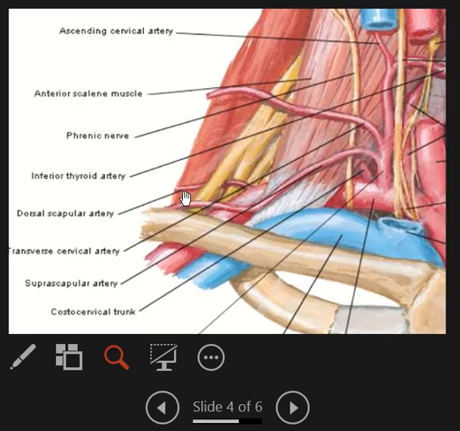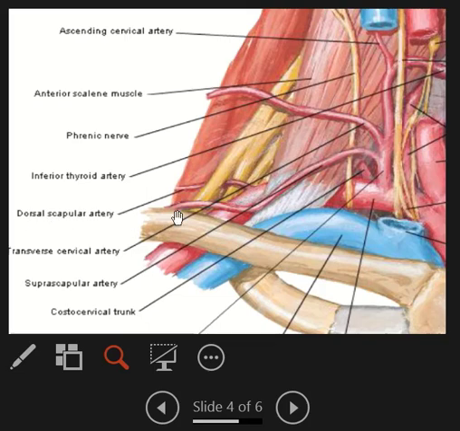And this is the last branch of the subclavian artery. The name is dorsal scapular artery. Sometimes this artery may originate from the second part, but in most cases this artery originates from the 3rd part.